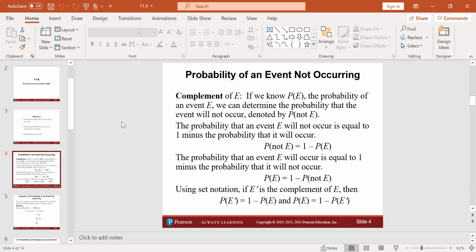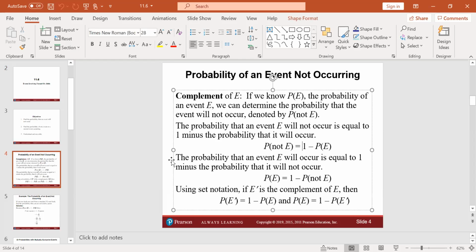So if we know the probability of E, we can determine the probability it will not occur. In other words, we can calculate its complement probability. So the probability that it will not occur is 1 minus the probability it will occur, which kind of just makes perfect sense. If there's a 25% chance something will happen, there's a 100 minus 25 equals 75% chance that it won't happen. 25% chance it will, 75% chance it won't.